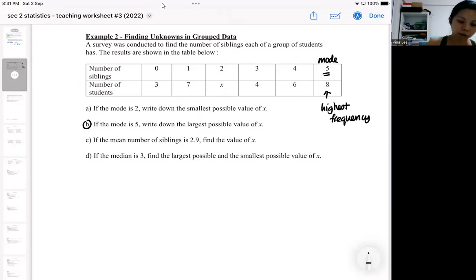So if I change the situation where the mode is 5, that means 8 is the highest frequency. What is the largest possible value of X? I will say the largest possible will be 7. Of course, it can be 6, it can be 5. If I need to write an inequality for mode is 5, the inequality will be something like this.